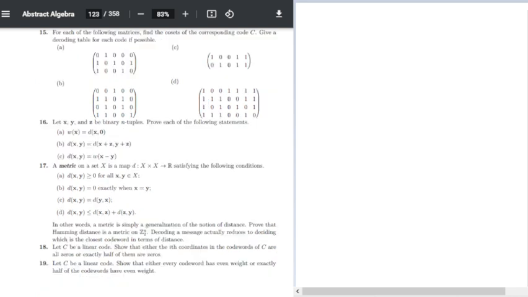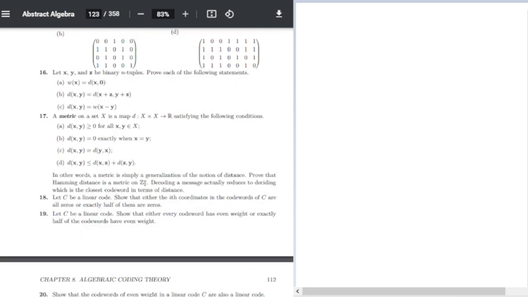For each of the following matrices, find the corresponding code C. Let W, X, Y, and Z be binary vectors. Prove each of the following statements.